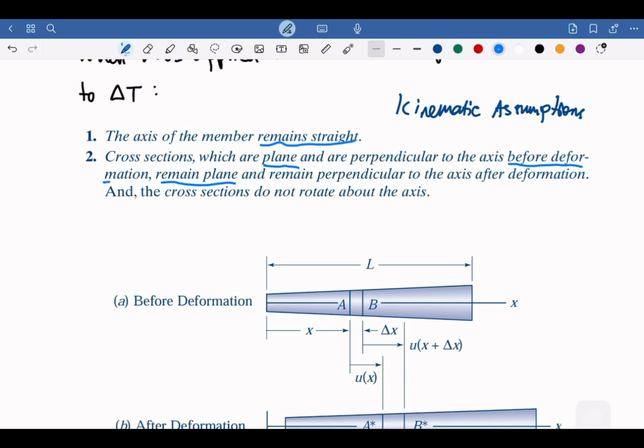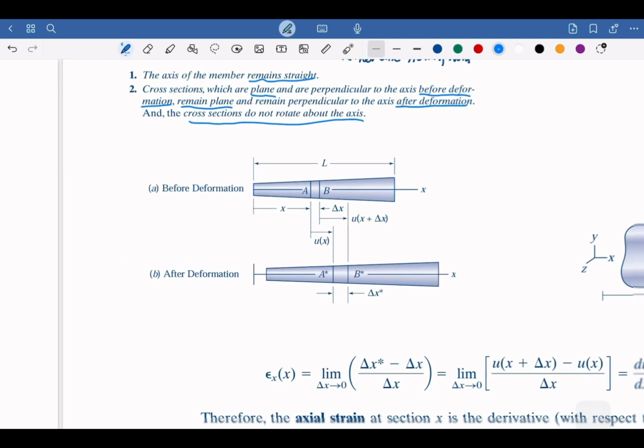So before deformation and after deformation, remain plane. And then cross section does not rotate about the axis. That's the emphasis. This is the picture.